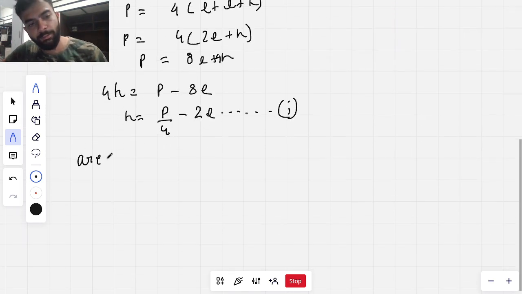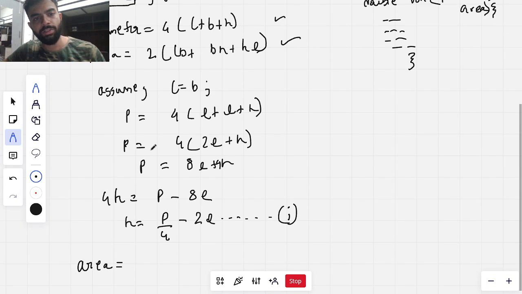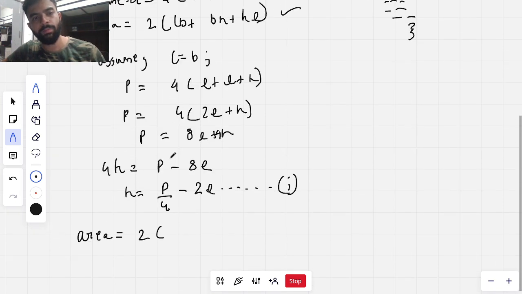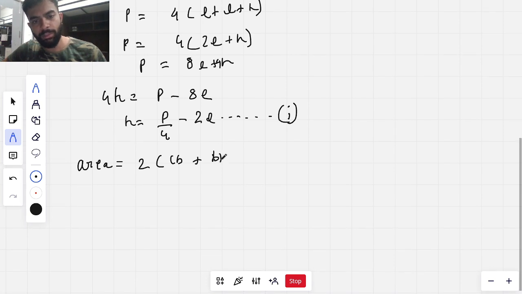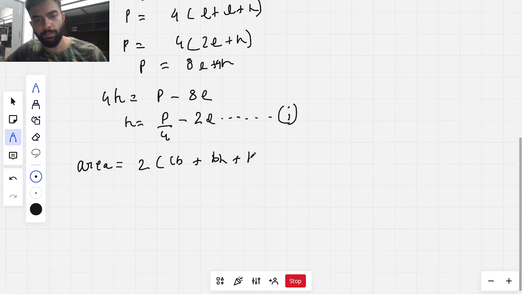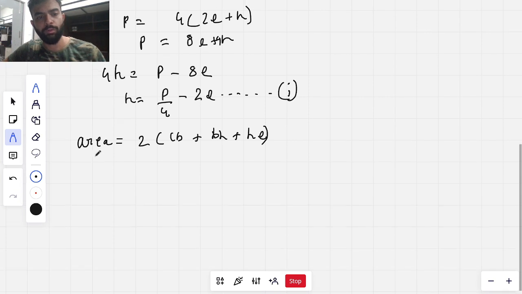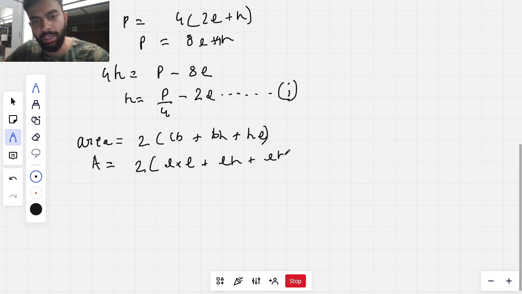So I can write area equals 2 into (LB plus BH plus HL). I have taken L equals B, so I can write L into L plus L into H plus LH.